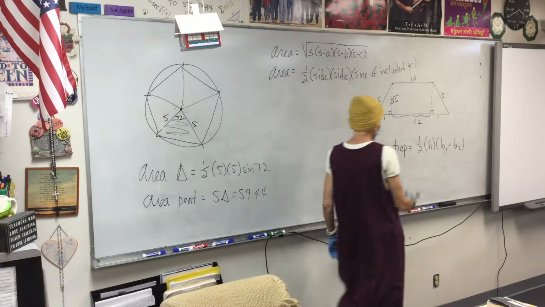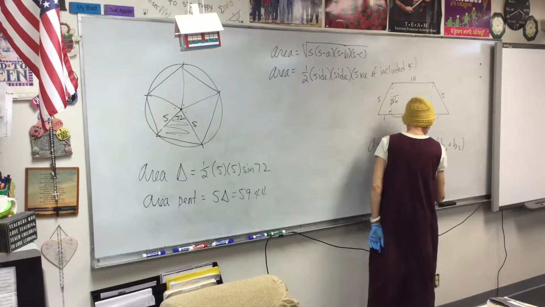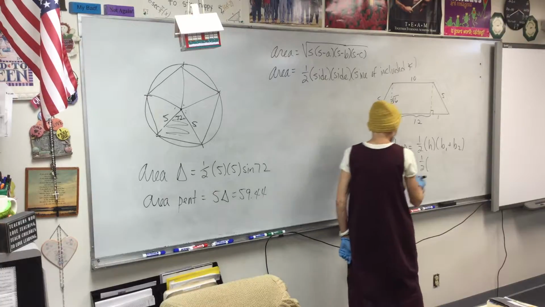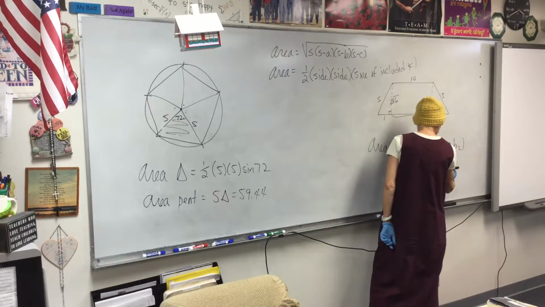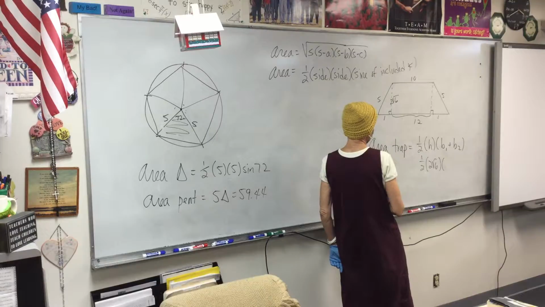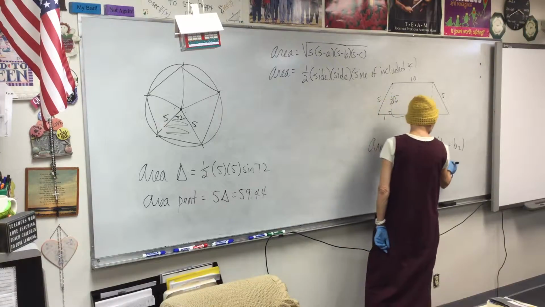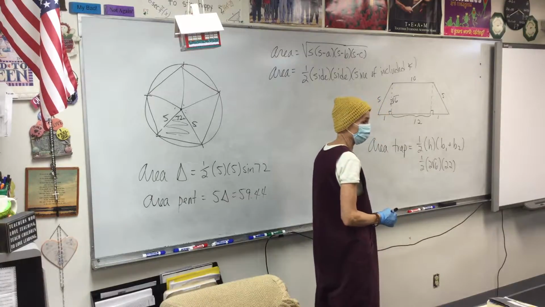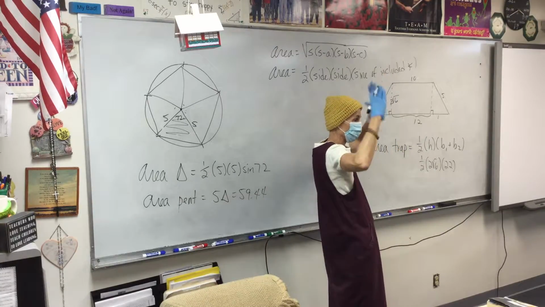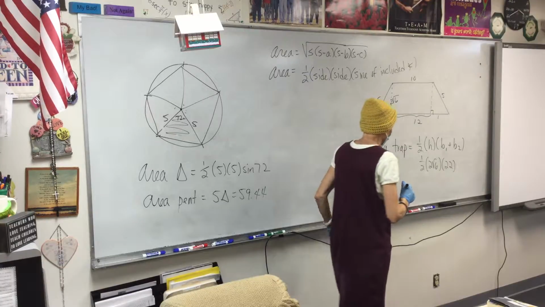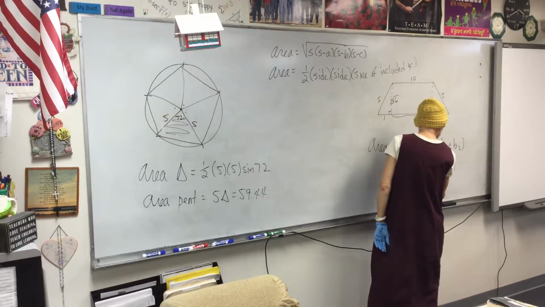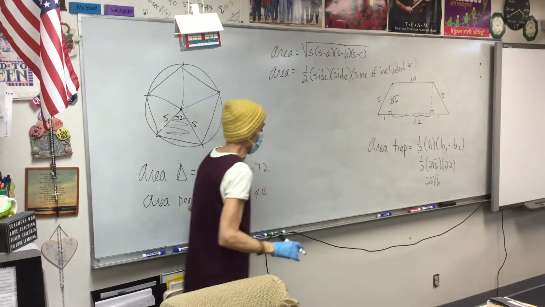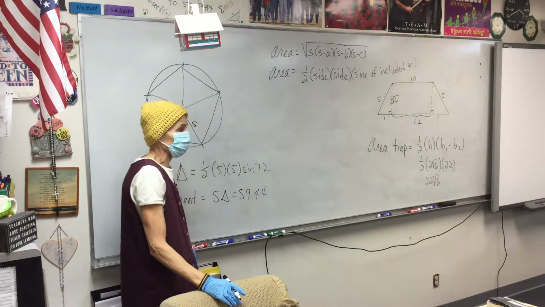So for our problem, what's our height? Yep, we just found that, 2 root 6. And base 1 plus base 2 would be 22. 10 plus 12. These are called the bases. These are called the legs. So it looks like 22 root 6 is the exact area of that trapezoid.